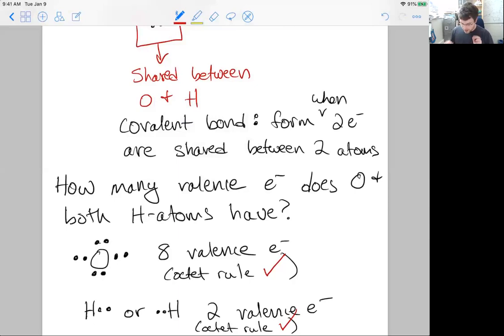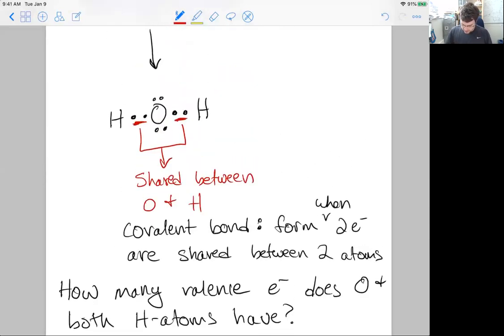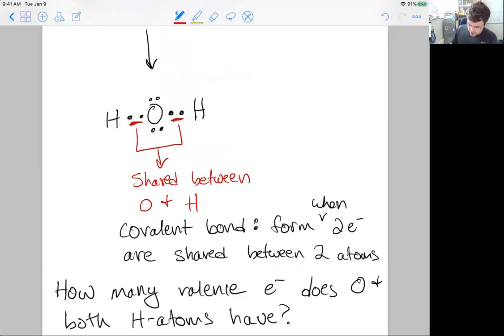Okay, so by bonding the oxygen with the 2 hydrogen atoms, now all 3 elements have satisfied the octet rule. They're in a more stable state, okay?